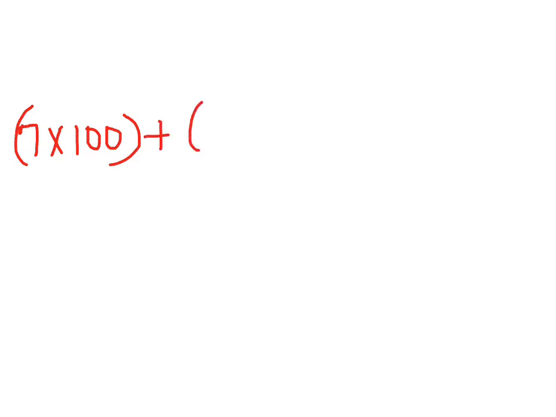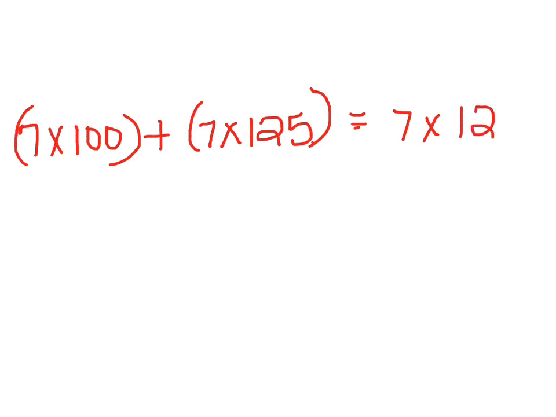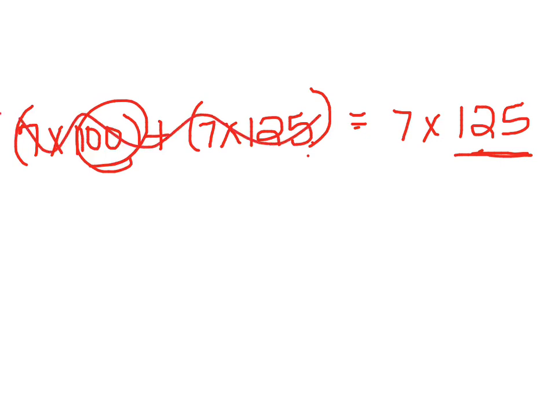Okay, so if you're looking at the task cards, number 8 says 7 times 100 plus 7 times 25 equals 7 times 125. Oh my gosh, my pen's not working.